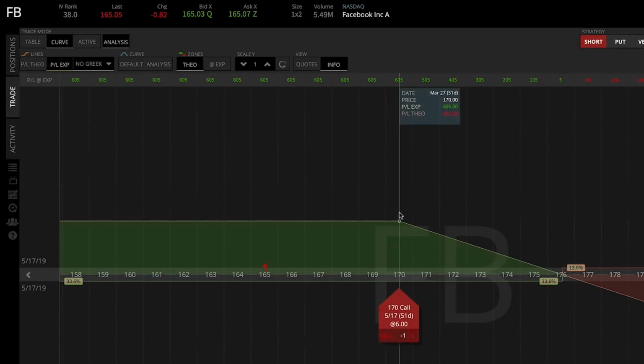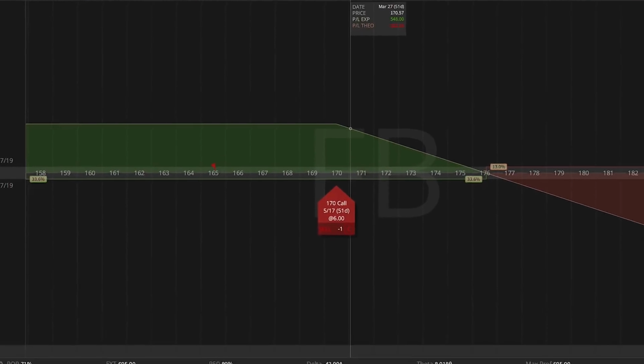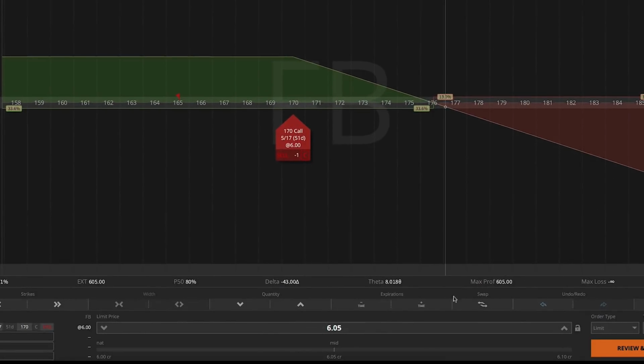So the best case scenario is that Facebook stays below the 170 call's strike price, and at expiration, if Facebook is below $170, this call option will expire worthless, and if I sold it for $6.05 or $605 in premium, that would mean my profit on the trade would be $605.